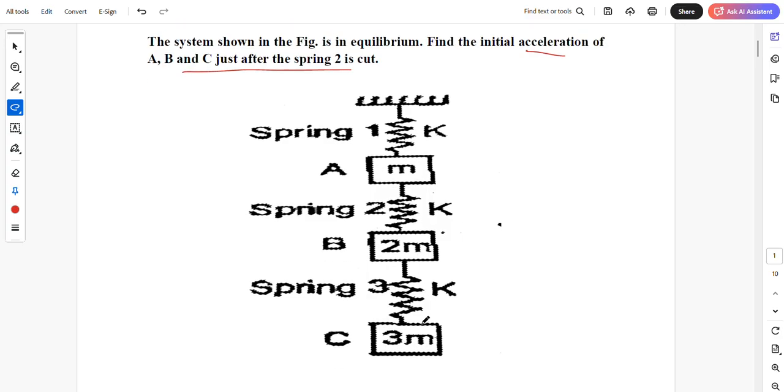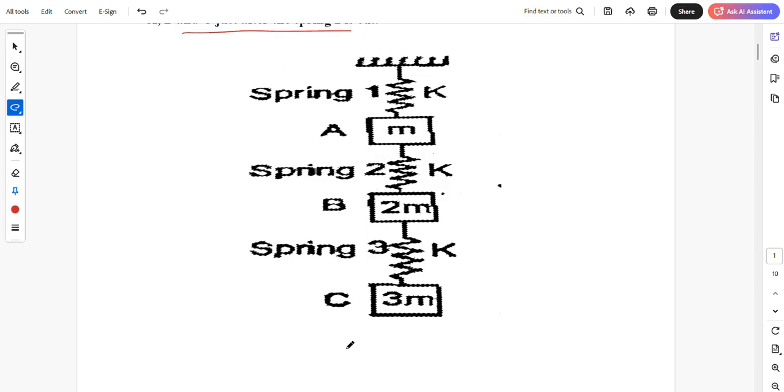Before cutting the spring, first let us write the weight here. This is 3mg. This is 2mg. This is mg. Now let us write the spring force. Here it will be kx3.